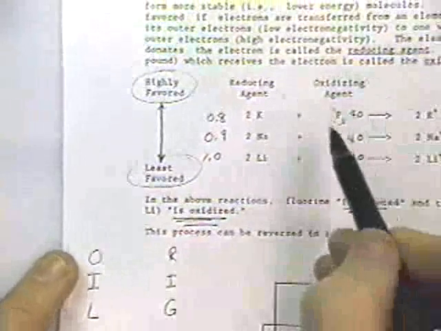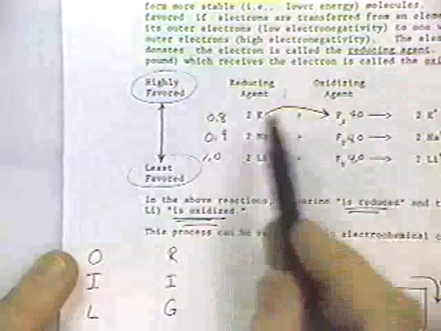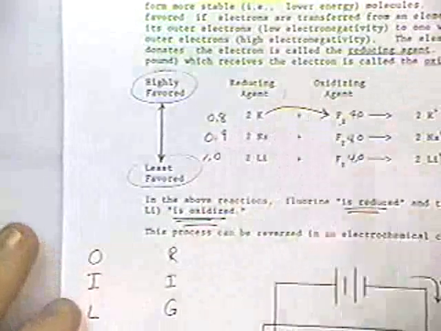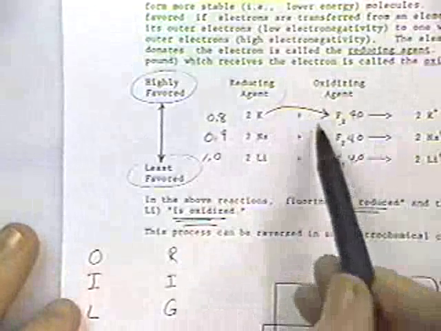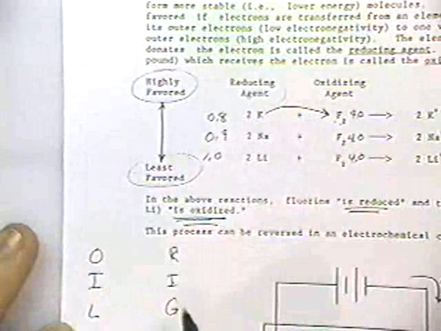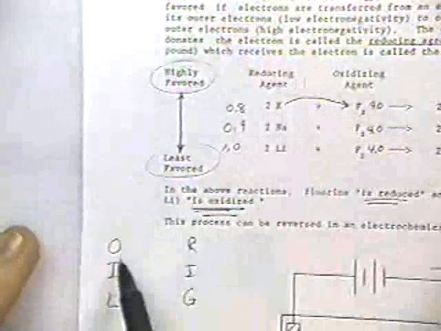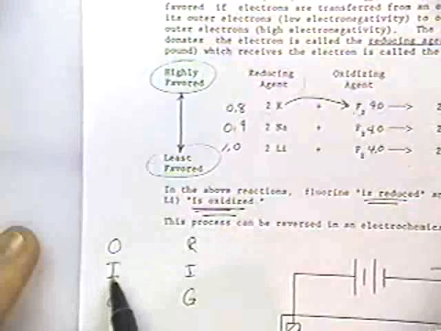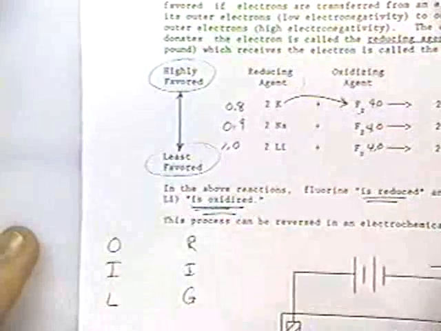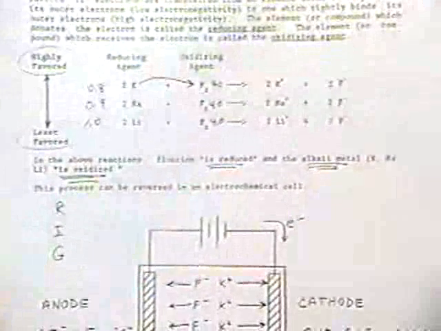So what's happening here is the fluorine is taking electrons from the potassium, so it is becoming reduced, right? Reduced is to gain electrons. Conversely, the potassium just lost its electrons, so it became oxidized. Oxidized is lose electrons. So hopefully that's about as clear as mud, but hopefully a little bit better than what you had before coming into this class.